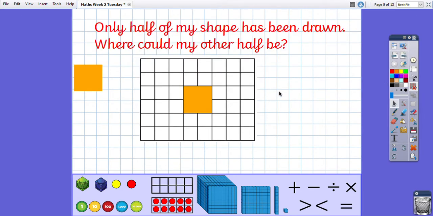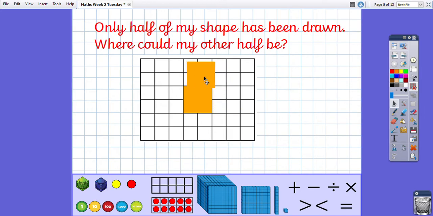Only half of my shape has been drawn. Where could my other half be? So I've got the other half of my shape here, and I'm going to join it on here to make a rectangle. Now I know that it could be here because if I split my shape down here, they are two equal parts, because if I put it on top, it is exactly the same.